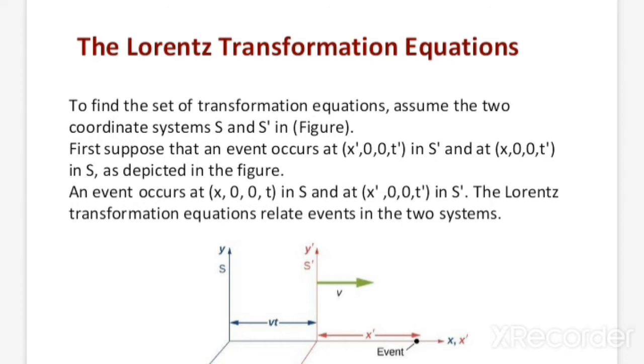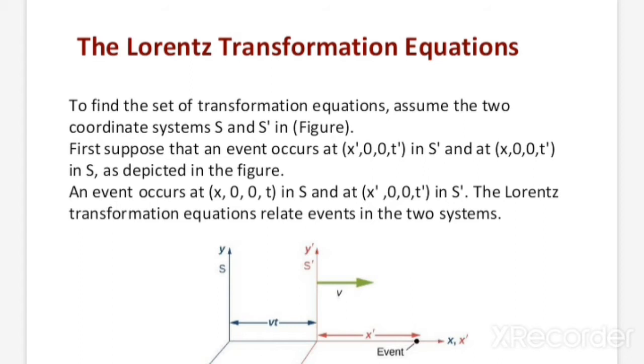Taking the coordinates x dash, 0, 0, t dash for frame of reference S dash and coordinates x, 0, 0, t for the frame of reference S. Let frame of reference S dash be moving in the x direction with the uniform velocity v.